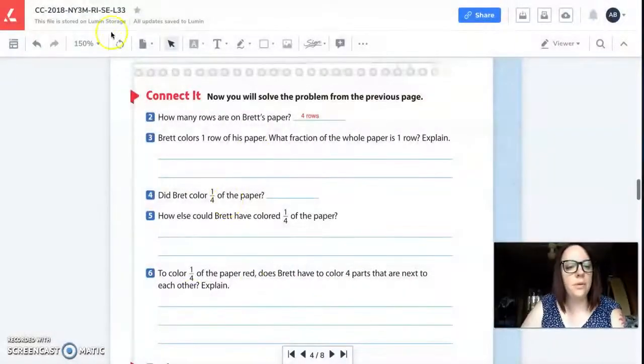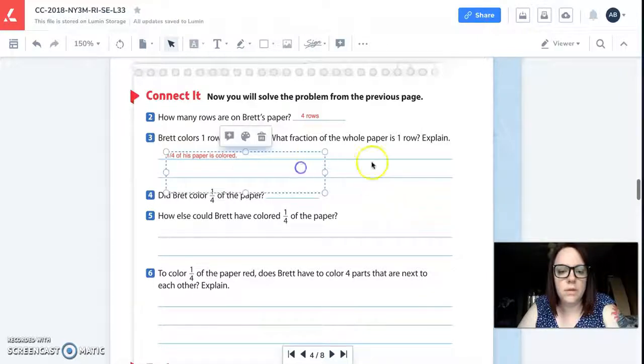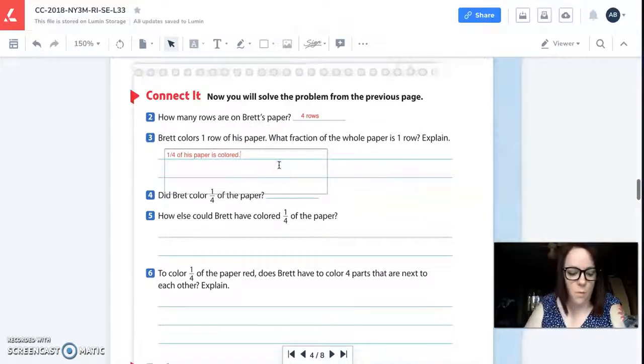So we are going to write in here 1/4 of his paper is colored. And it wants us to explain why.